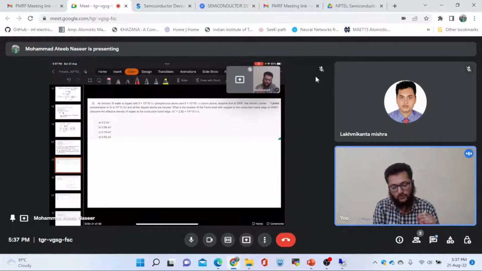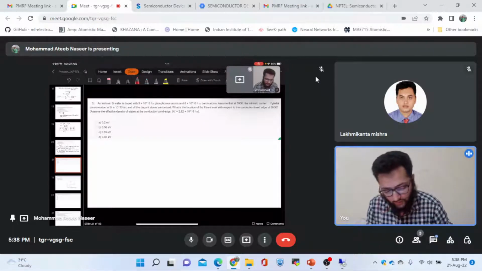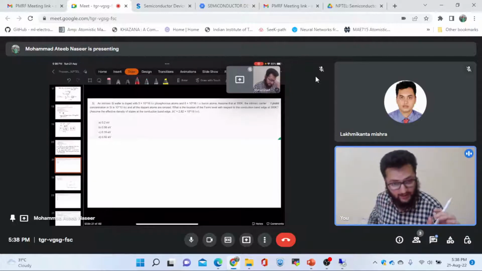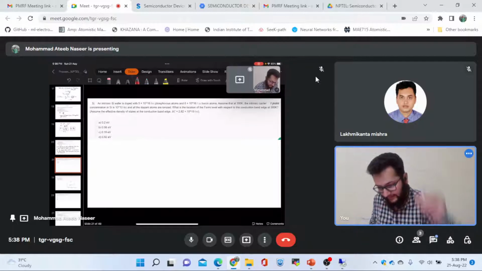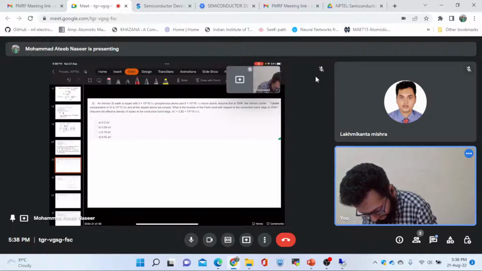So we have to take Nd positive and Na negative as fully ionized, and we have been told to find the location of the Fermi level with respect to the conduction band edge at this temperature, which is 300 Kelvin. We have also been given the effective density of states at the band edge. So we will simply see what we have been given.